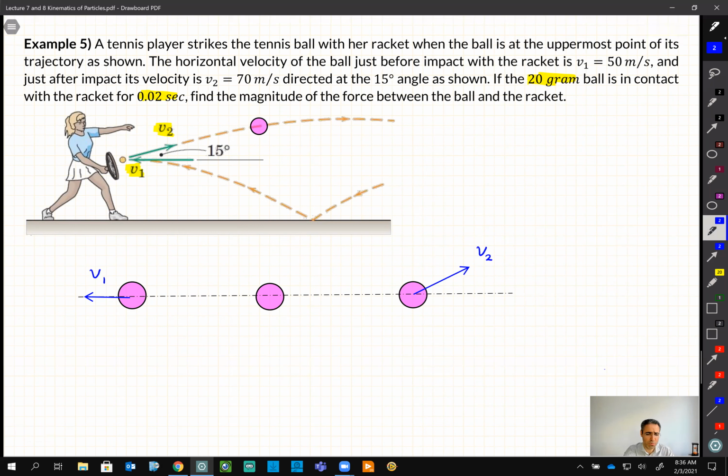It's important to draw the middle one correctly, the force one, right? And you need to carefully draw all the forces that you have. So first of all, when it hits this racket, it has both Fx and Fy in both directions. Because see, the ball is not moving straight, it's not bouncing back horizontally.